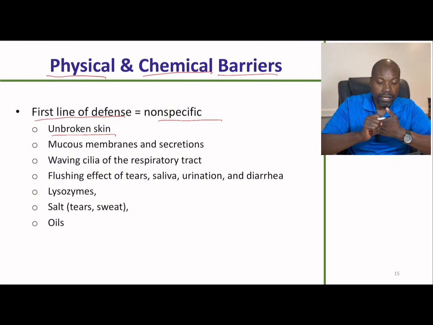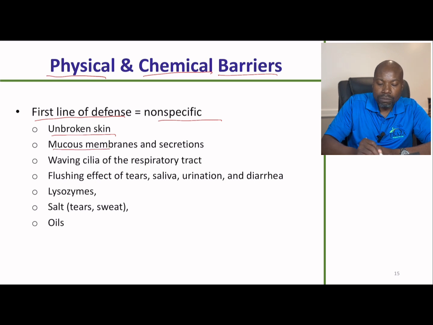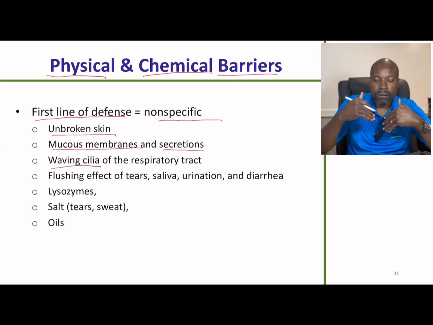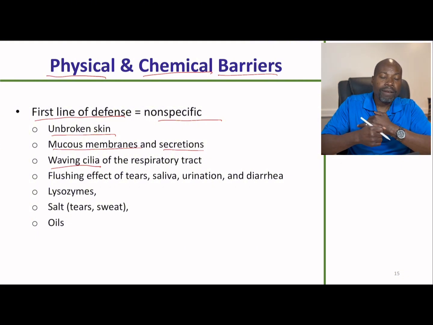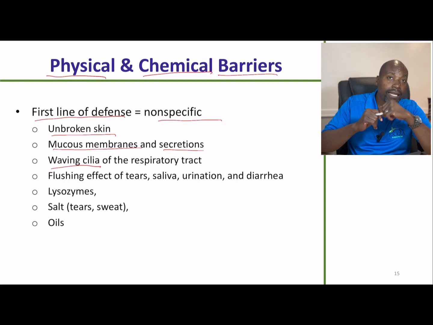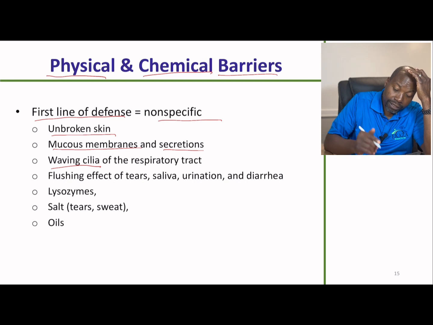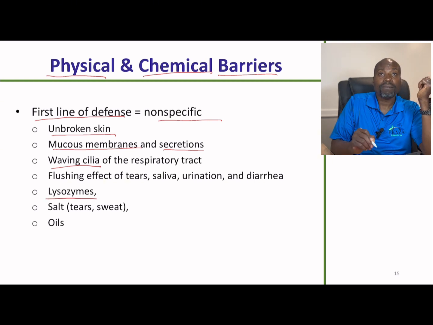So unbroken skin, right? We have the mucous membrane and the secretions in the mucous membrane. We have the cilia that are doing a waving motion, right? The respiratory tract, right? The flushing effect of tears. But not only that, you also are going to have some components in tears that we call lysozymes, right?